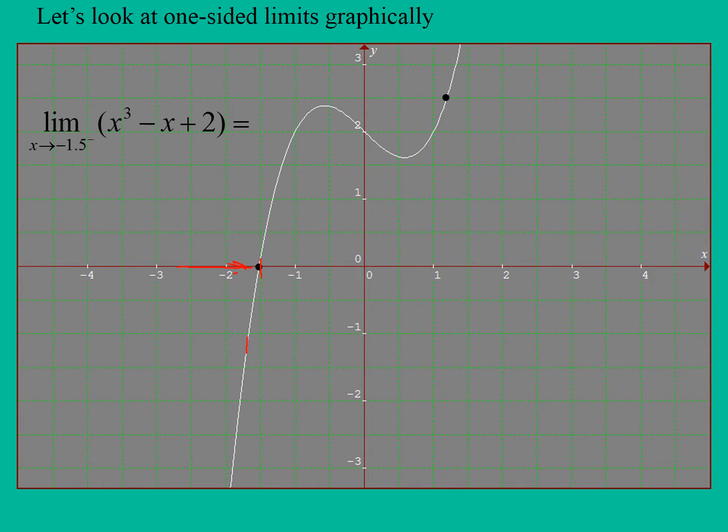We're letting values of x approach negative 1.5 from the left. And let's look at where the y values are heading towards, this value here, 0. So for this one-sided limit, we would say 0.